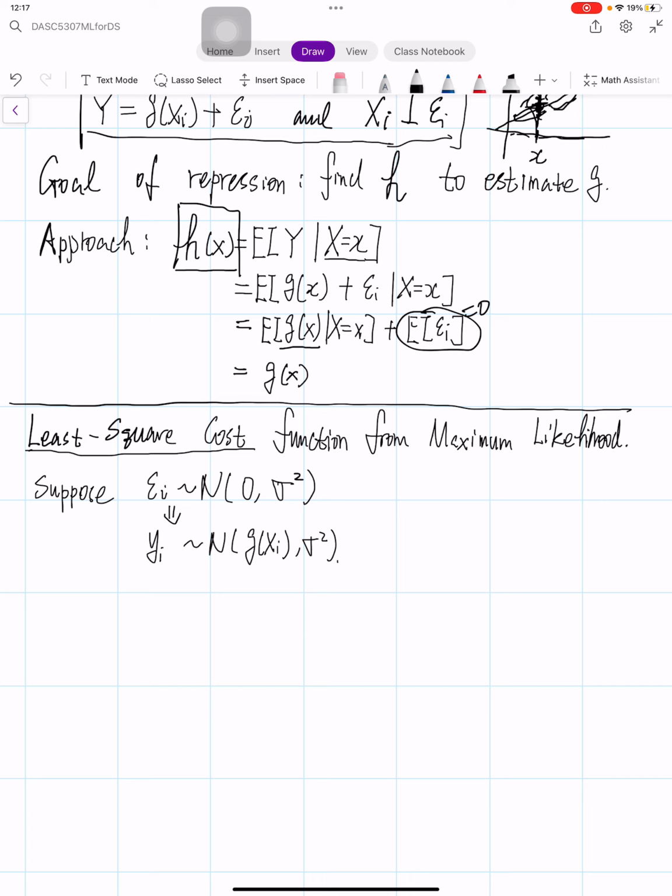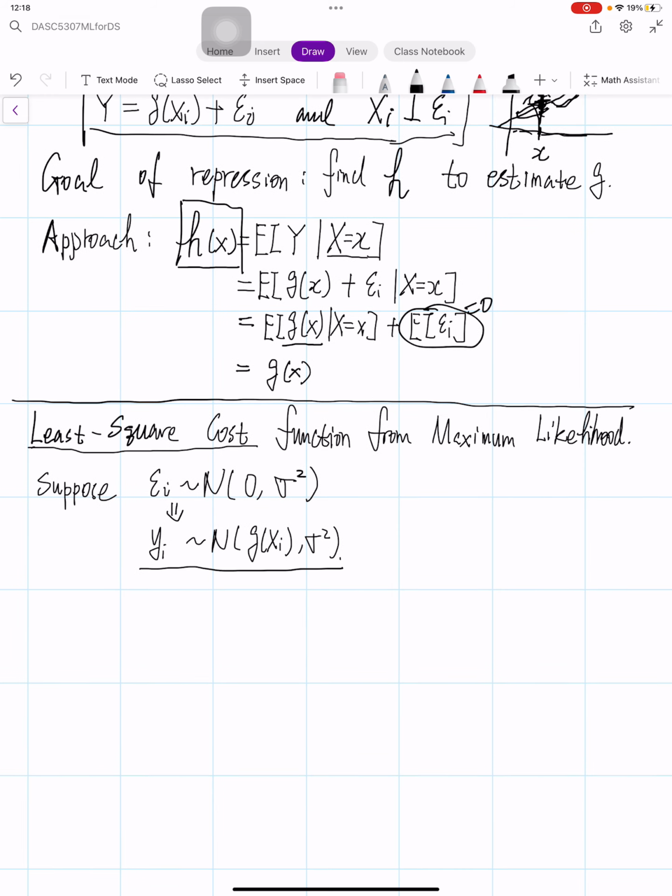Recall, based on this assumption, we can find the log likelihood function of the normal distribution. Remember the PDF.